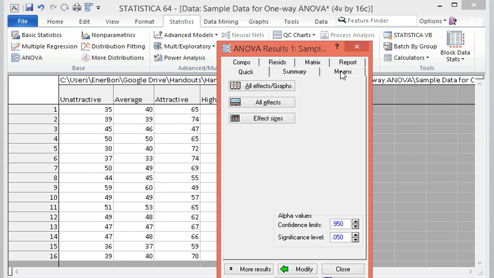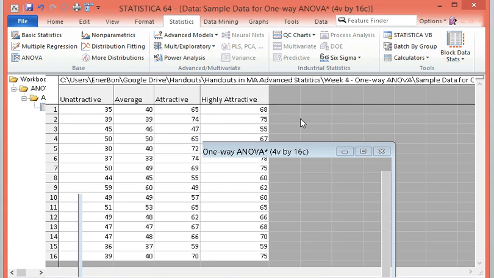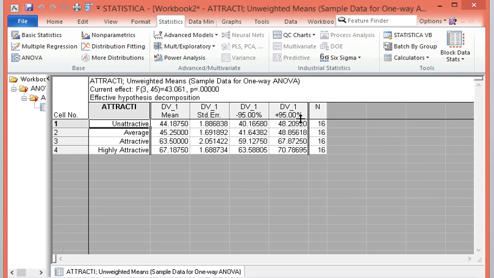Alright, so there are several options. Perhaps you'd like to look at the means first. Click on means and then observed unweighted, which will show you the means. These means represent the social desirability ratings for photographs of those people who are unattractive, average, attractive, and highly attractive.